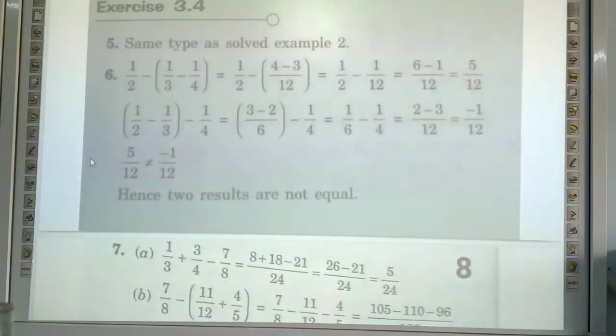And here we come to know that 5 upon 12 and minus 1 upon 12 are not equal. It was asked in the question whether the two results are equal, and we have obtained both results different.